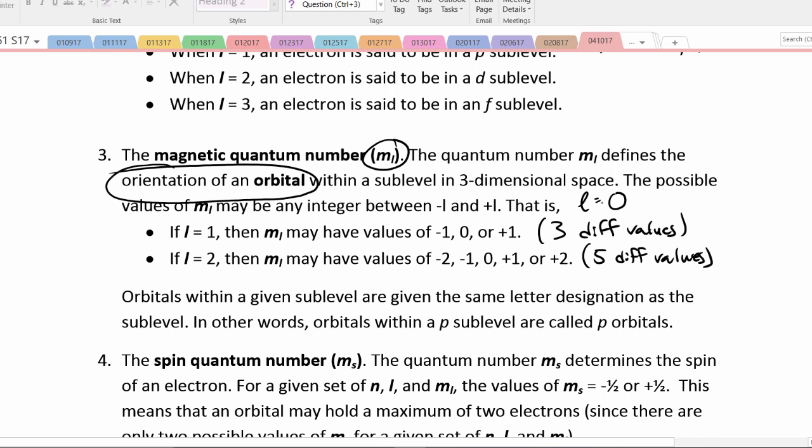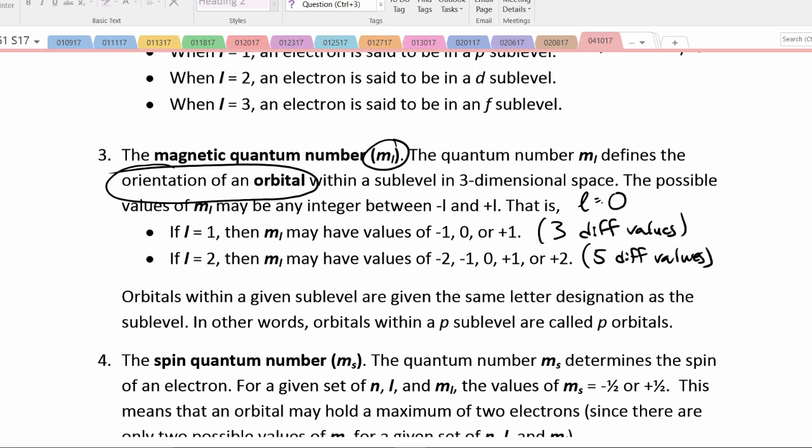Well, what does that mean? Therefore, there's only one way to orient a sphere around a 3-dimensional axis. We have one sphere, and there's only one way to orient that sphere around a 3-dimensional axis.